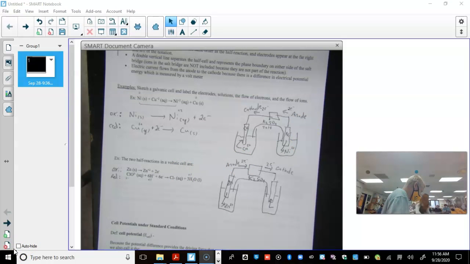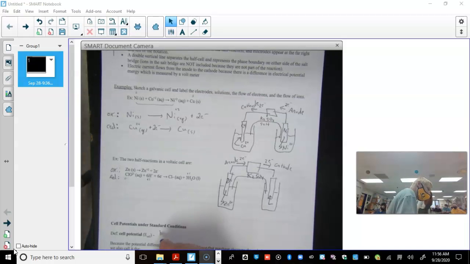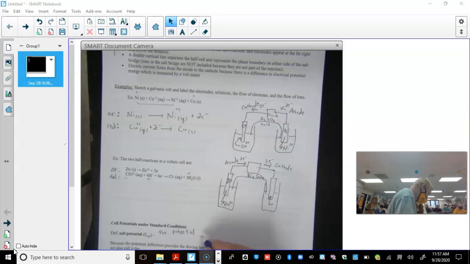Cell potential. Anybody know what this is, or you just want me to write it down? The potential. Yep. Oh, okay, you got it? No, I'm kidding.